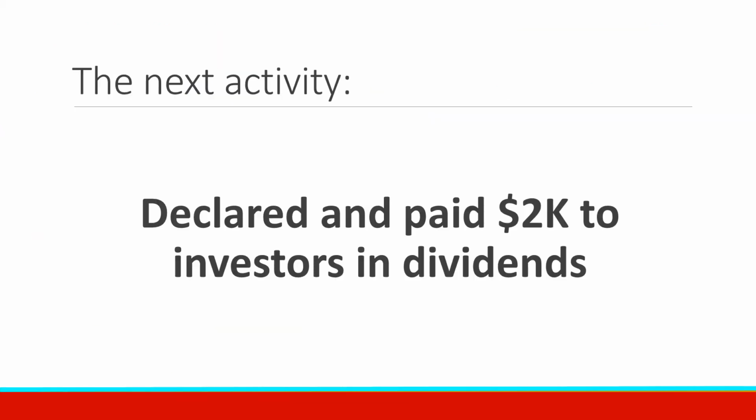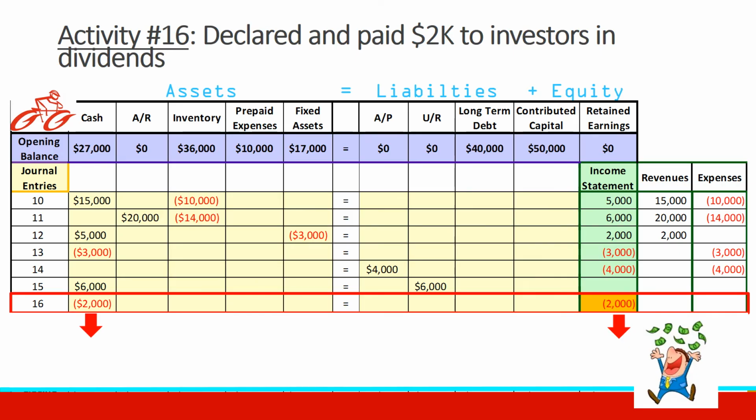We're going to declare and pay $2,000 to our investors in the form of cash dividends. So you can see cash of $2,000 declining in activity 16. And you can also see, if you go over to retained earnings, a special orange cell of another negative $2,000 and a happy investor.